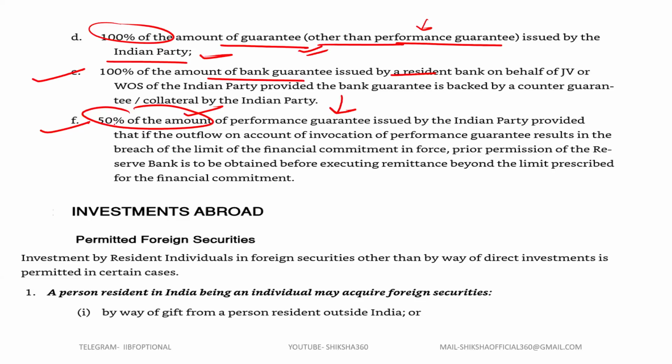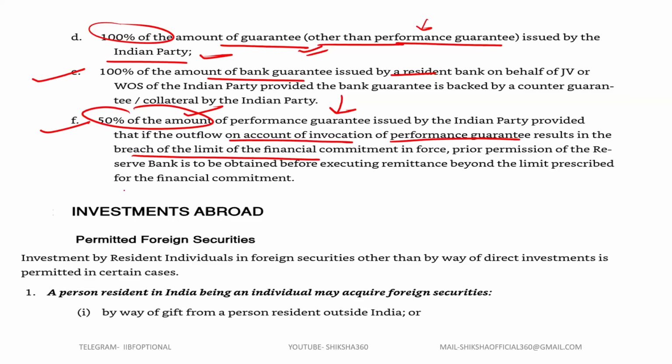50% of the amount of the performance guarantee issued by the Indian party, provided that if the outflow on account of invocation of performance guarantee results in the breach of the limit of the financial commitment in force, prior permission of the Reserve Bank is to be obtained before executing remittances beyond the prescribed limit for the financial commitment.